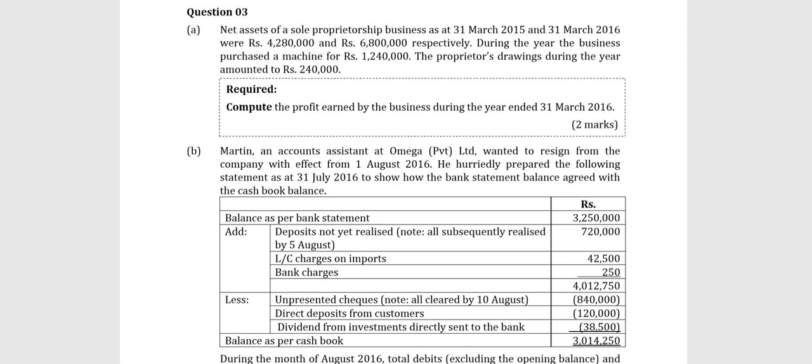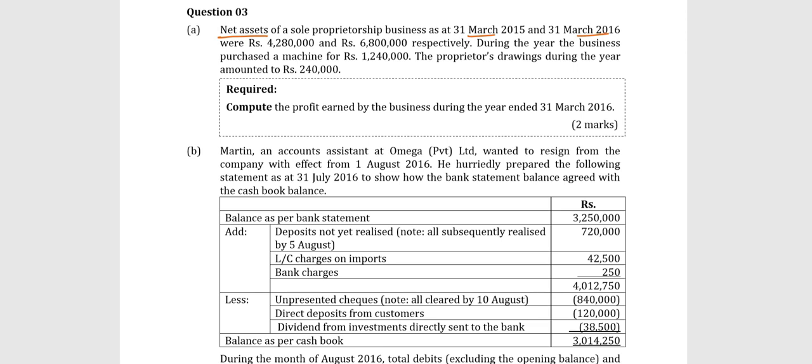Net assets of a sole proprietorship business as at 31st March 2015 and 31st March 2016 were 4,280,000 and 6,800,000 respectively. So you are given the net assets on March 2015 and March 2016.